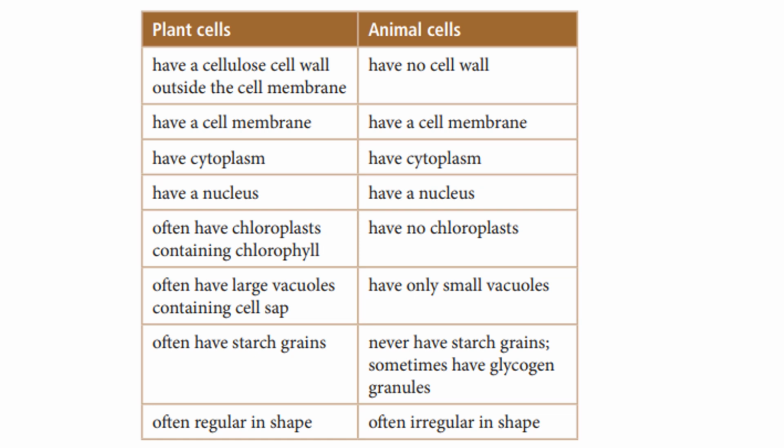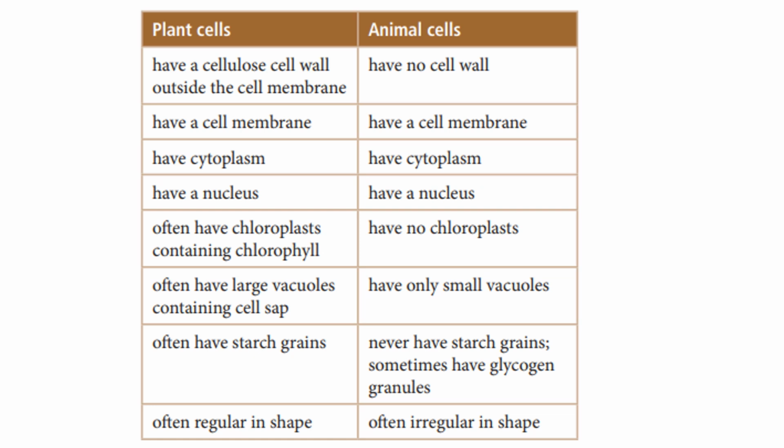This is a comparison between a plant cell and an animal cell. Plant cells have a cellulose cell wall, but animal cells do not have a cell wall. Both plant cells and animal cells have a cell membrane, and both have a cytoplasm and also a nucleus. Plant cells have chloroplasts containing chlorophyll, but animal cells do not have chloroplasts.